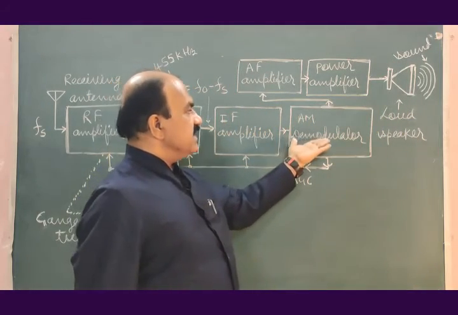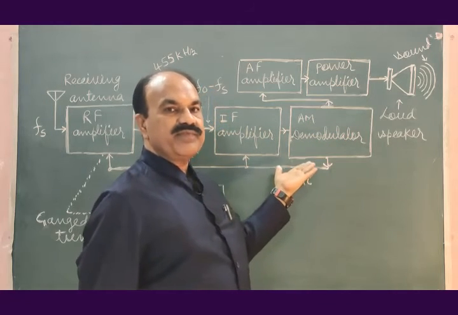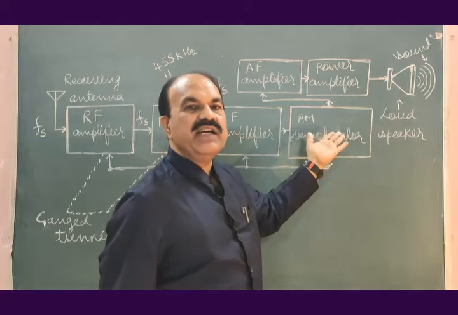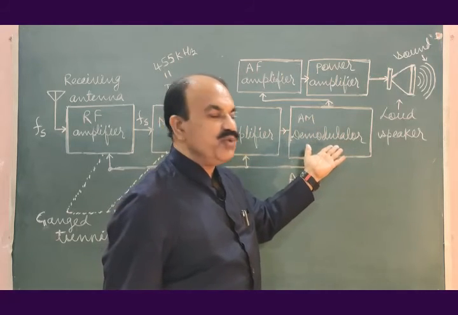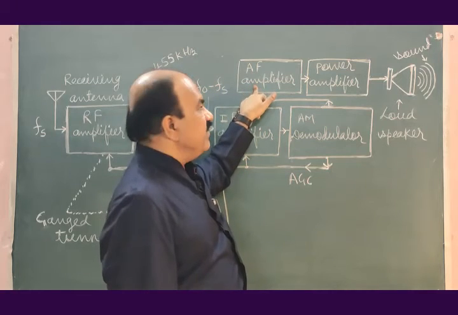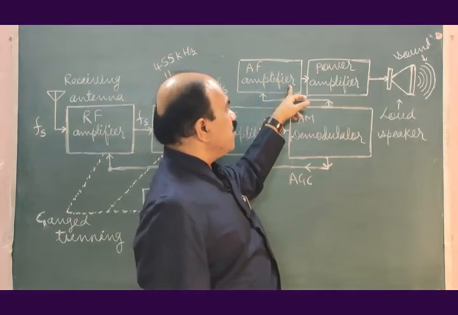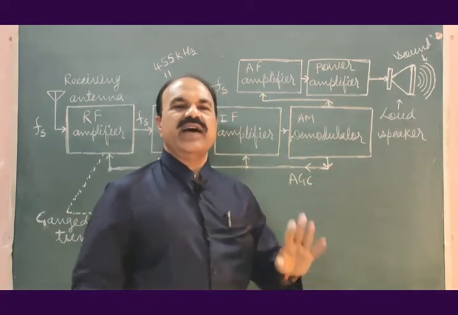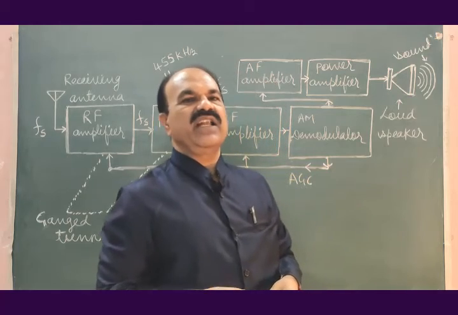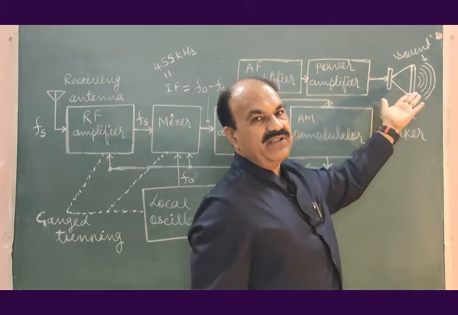After that, the modulating signal, which is the original audio information we wanted, is amplified by the audio frequency amplifier. Its strength is increased. After that, the output is given to a power amplifier to further increase the power of this audio signal, and then it is given to a loudspeaker.